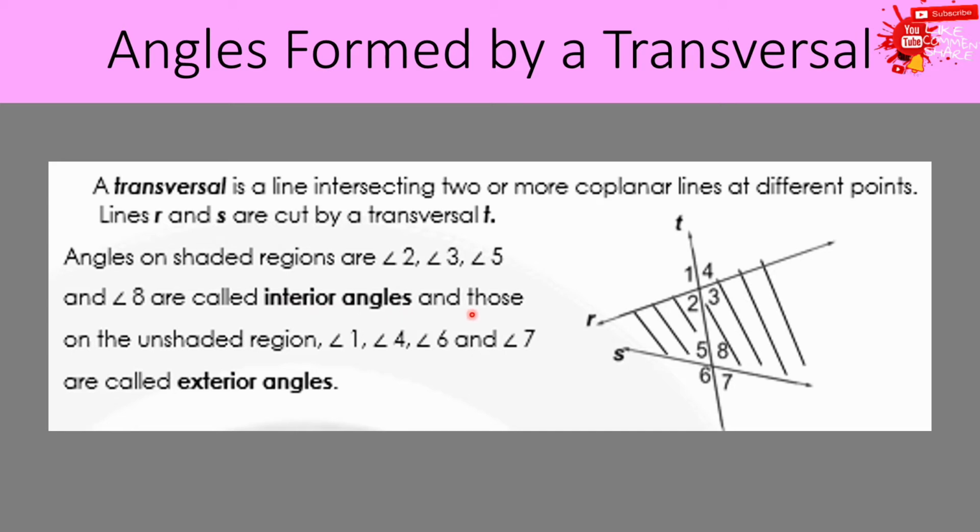And those in the unshaded region are angle 1, angle 4, angle 6, and angle 7. They are called exterior angles.